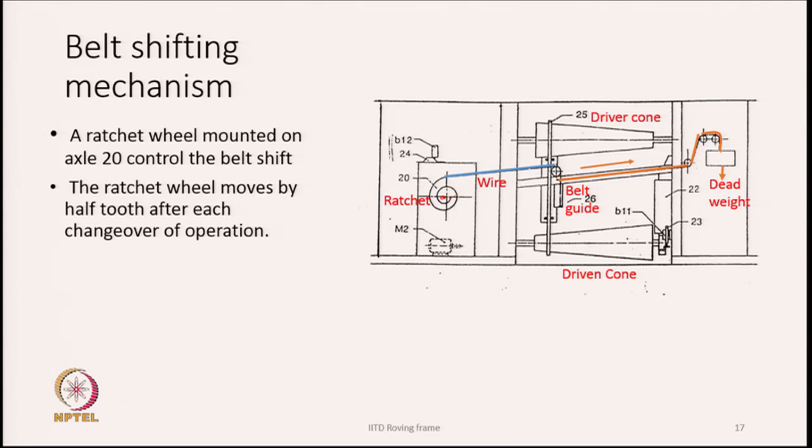Now, this ratchet wheel moves by half a tooth after each changeover of operations. This ratchet is connected by a wire, which is shown by this blue line, and then there is another mechanism connected.